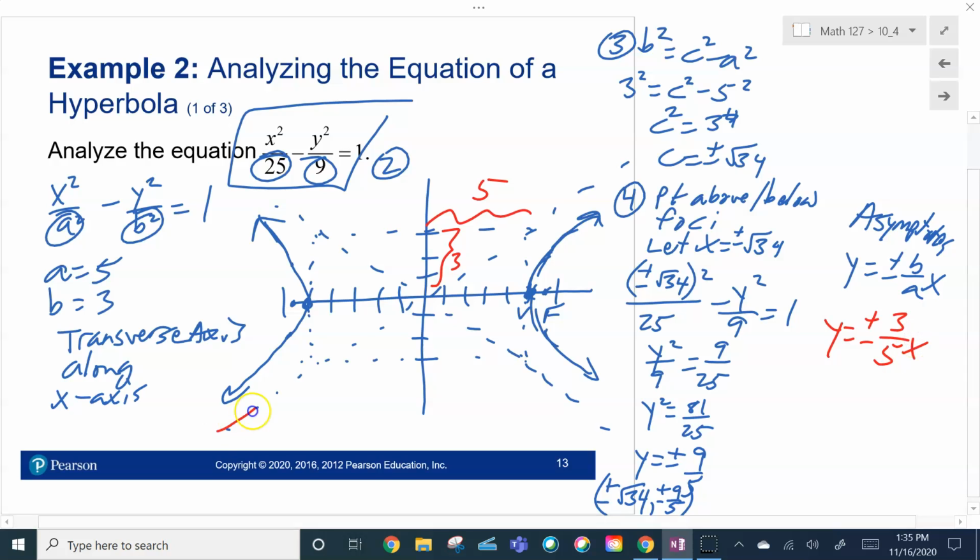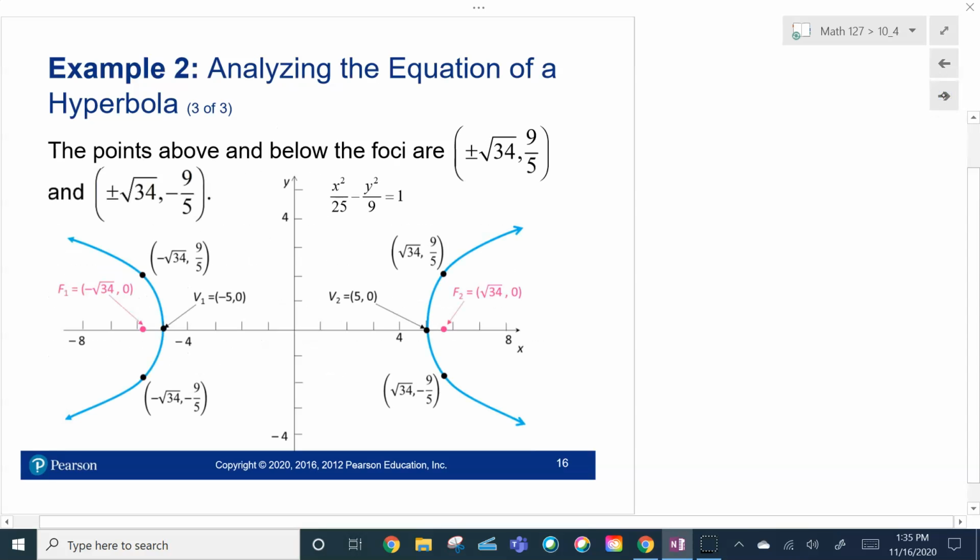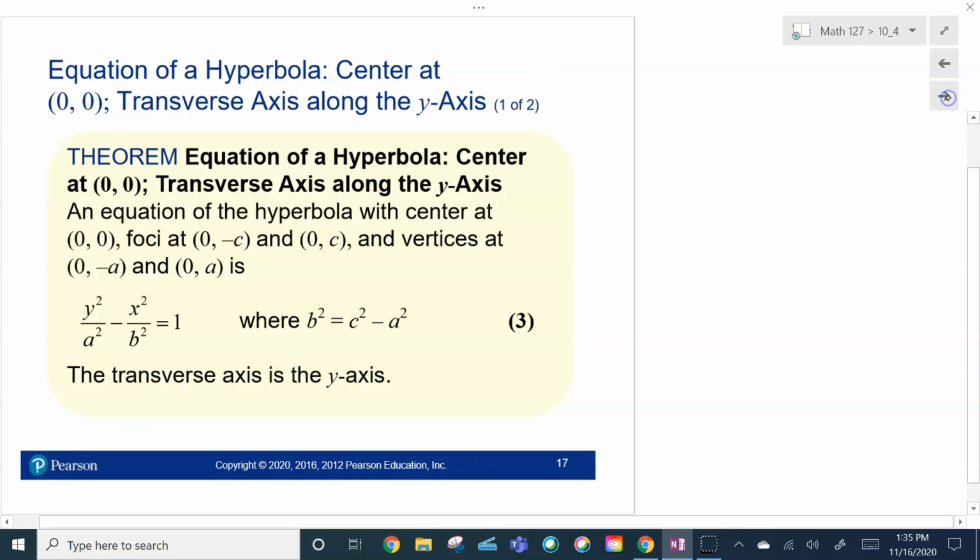That's the equation. There's y equals 3/5 x. There's y equals negative 3/5 x. Those are the asymptotes. All right, I'm going to show you a picture here, or the work on that one. There's a little picture as well, except without our asymptotes. I should draw those dotted lines here. All right, that's a good place to stop.